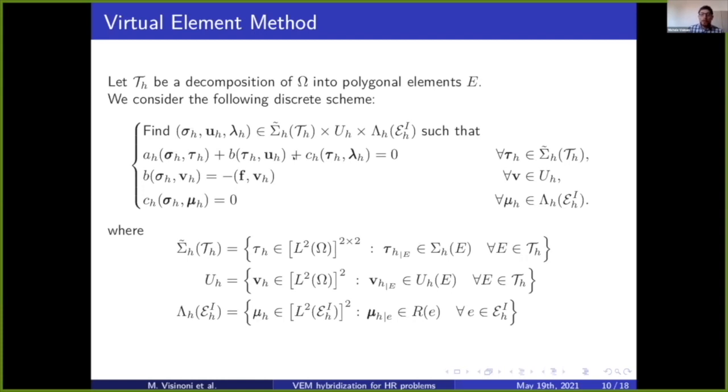An important feature of the hybridization is that if we choose this space in a suitable way, the discrete solution using the hybridization procedure and the discrete solution of the conforming method are the same.